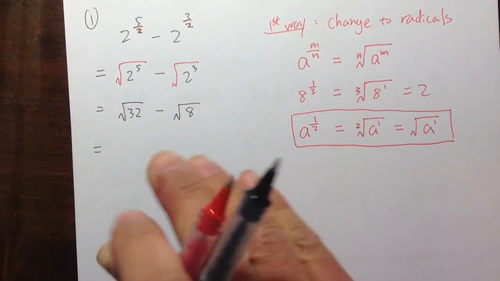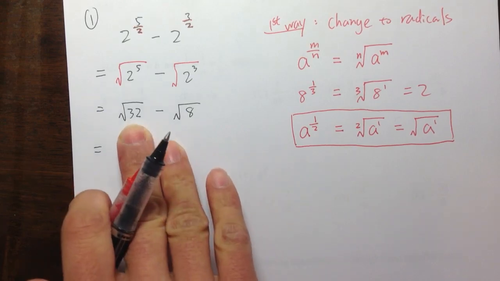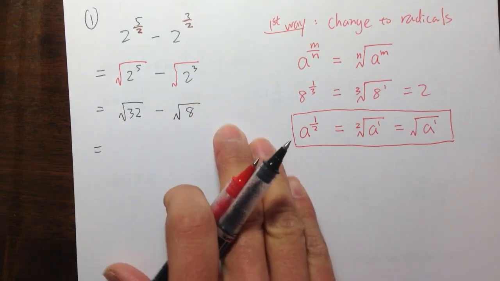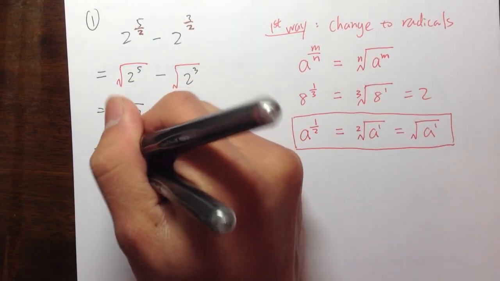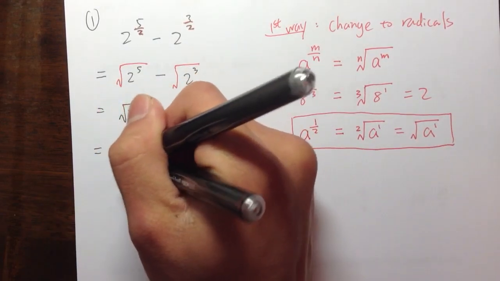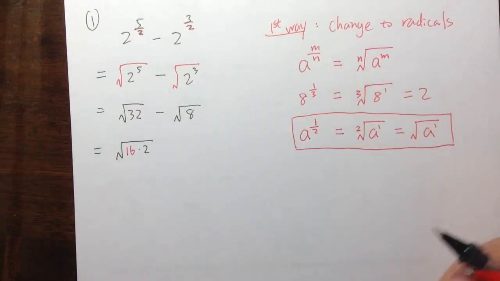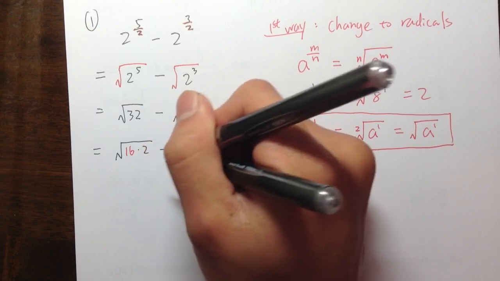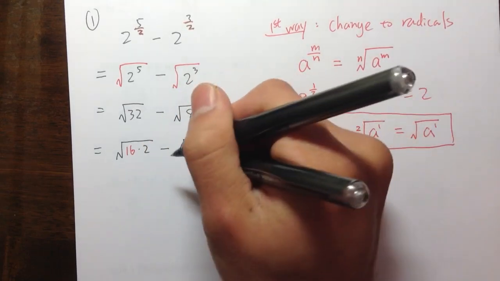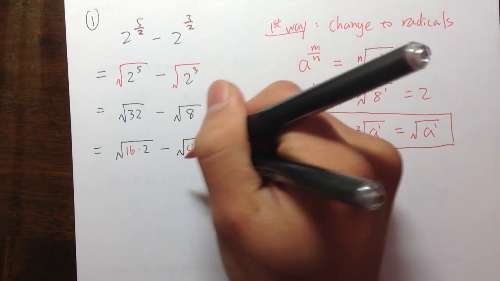We are looking for a perfect square that goes into 32. And 16 times 2 is exactly 32. So let me write this as square root of 16 times 2. And to break down 8, I'm going to use 4, because 4 times 2 is equal to 8.